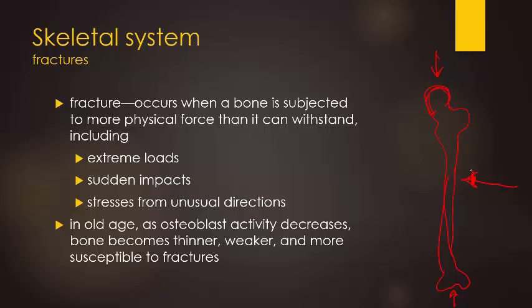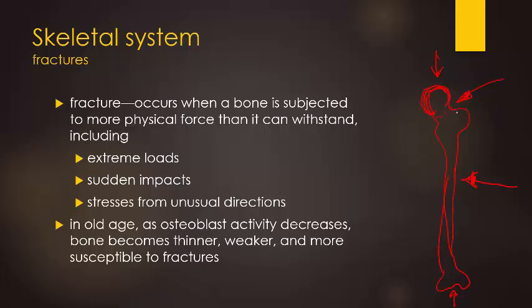A very common injury for older folks, especially older women, is when there's a crack right through here, at the ball of the femur. We talk about that as breaking the hip. Well, it's not really the hip bone that breaks, it's generally the head of the femur that breaks there. And so that's a common one that gets grandma regularly.